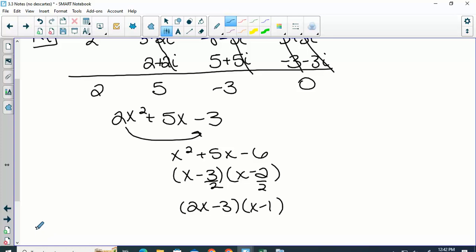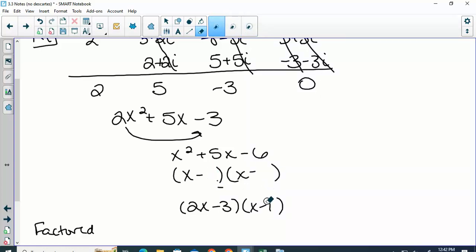But for my factored form, wait, wouldn't it be x plus 6, x minus 1? Yep. I did multiply to a positive 6, didn't I? Just making sure you're paying attention.